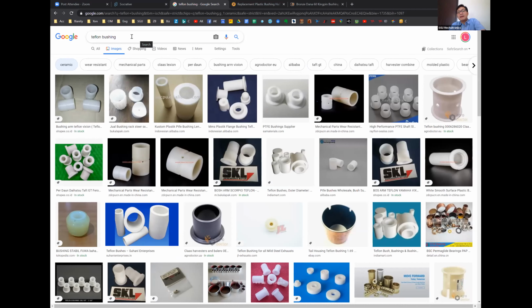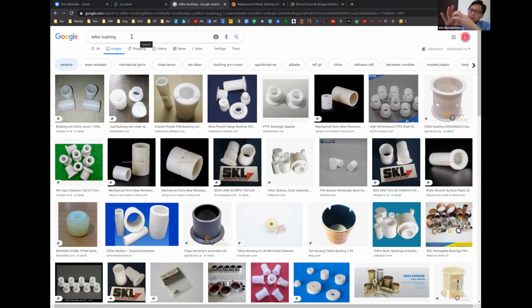Biasanya ceramic bushings, I don't see that often, but sometimes you have it in ball bearings, okay, but you have ceramic rings. They are very hard, so it's very low friction. So the inner and outer race itu made out of ceramic. The balls are still steel, ya, tetap baja bolanya.